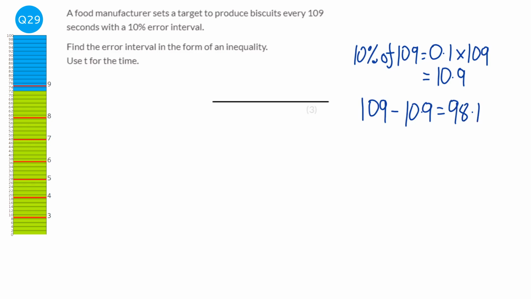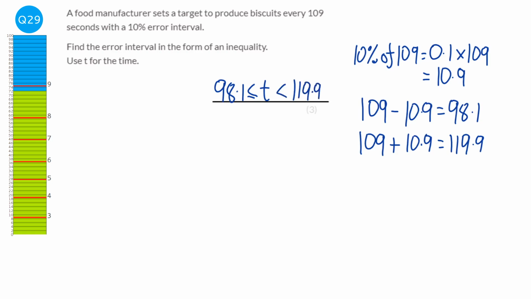And then we're going to do 109 plus 10.9, which will give us 119.9. So our error interval is between 98.1, and it says to use t, and 119.9.